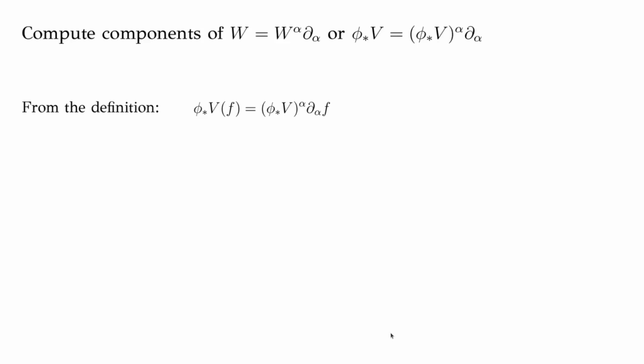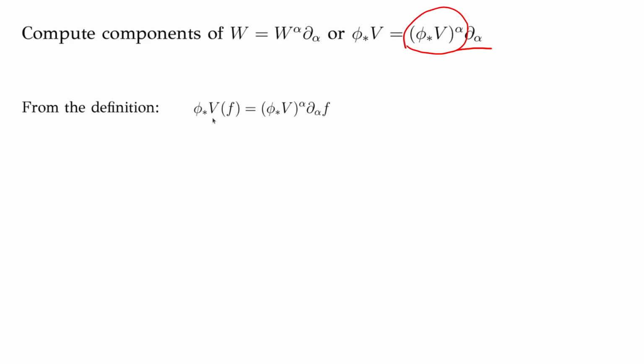This seems quite abstract, so let's make it more concrete by computing the components of this pushed forward vector phi star of v. If we choose a coordinate basis d alpha, then the components of the vector phi star v will be given by this relation.